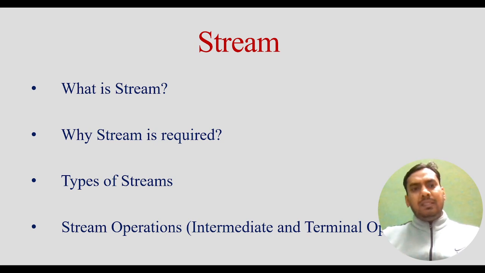For example, let's say I am having some integers in my collection, maybe an ArrayList, and now what I want to do is print or display all the non-duplicate elements in descending order.